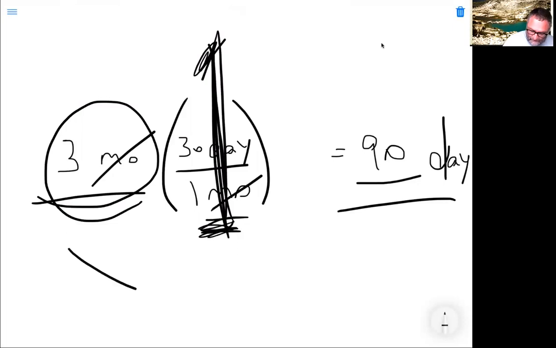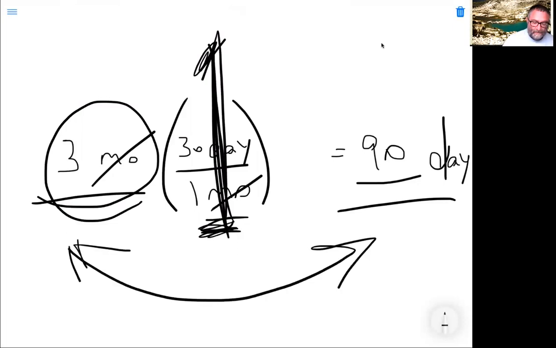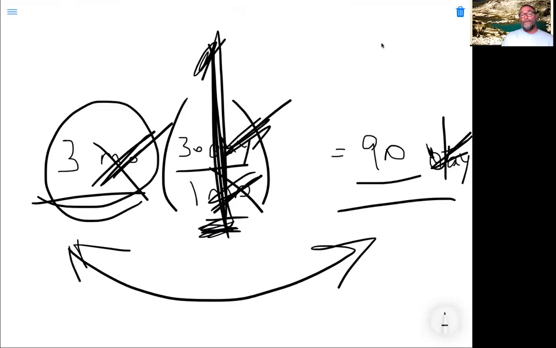So that is the same still. The overall value hasn't changed. But this neat trick lets me get rid of the units I don't want and restate the same thing as the units I do want. I did want days, so I keep them. Didn't want months, so I cancel them out.